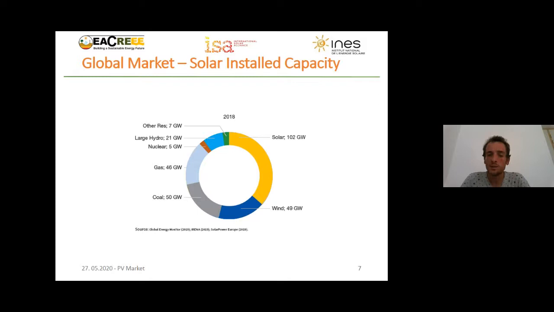You see that in 2018, more than half of the new capacity was from solar and wind energy. And we can also see that still two years ago, we installed about 20% of the new capacity with coal power production.